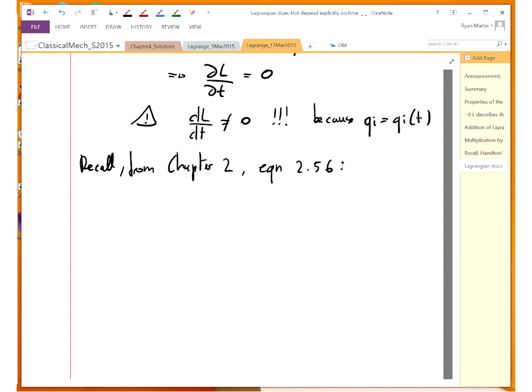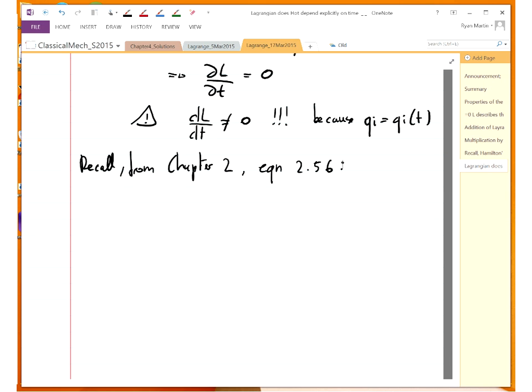Just to remind you, you should go back and look it up when you're studying for this. Because dL by dt was 0, we found that we could rewrite the Euler-Lagrange equation and integrate it away.